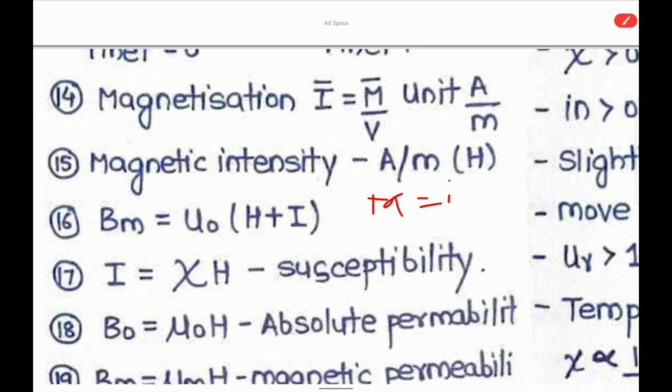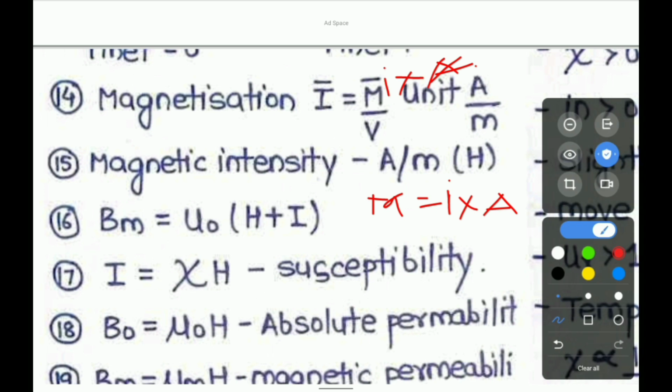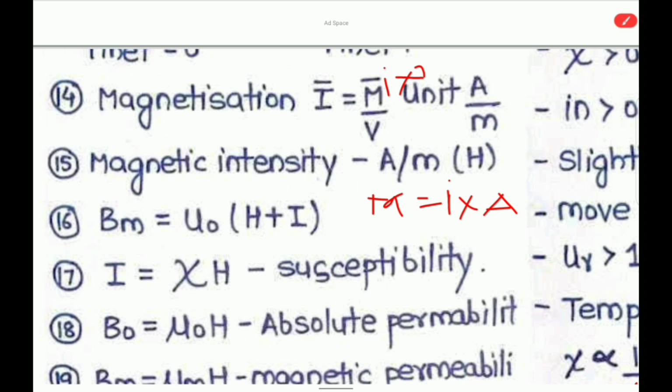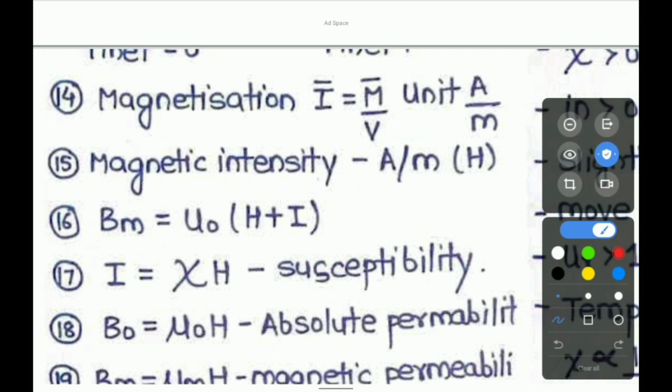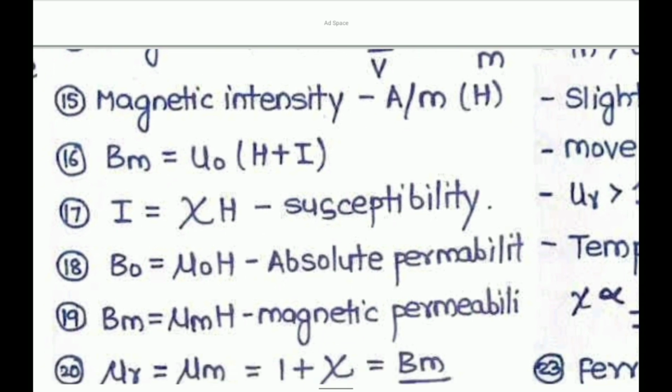Now I will derive it. M is equal to current into area A, so I into area A upon volume. Meter square upon meter cube, this cancels, giving ampere per meter.